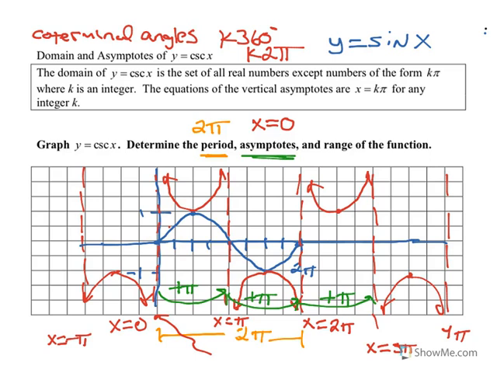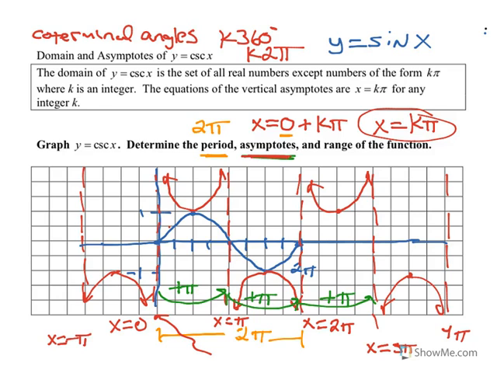So plus multiples of pi. So plus k pi. And then after that, you would probably simplify the 0 in this case. So x equals 0 plus k pi would just be x equals k pi. So your asymptotes are going to occur at some multiple of pi. So that would answer the asymptotes.